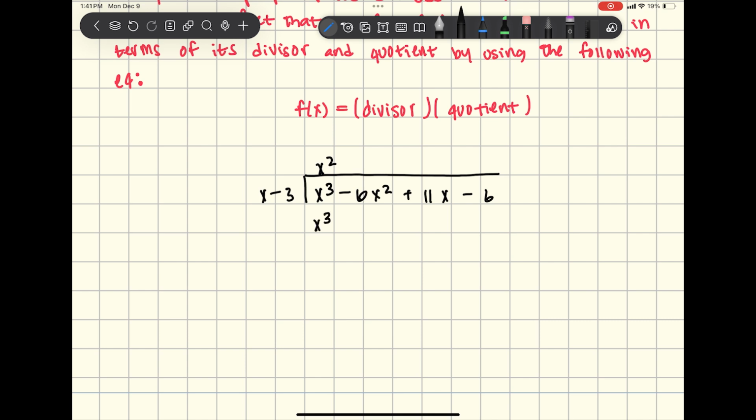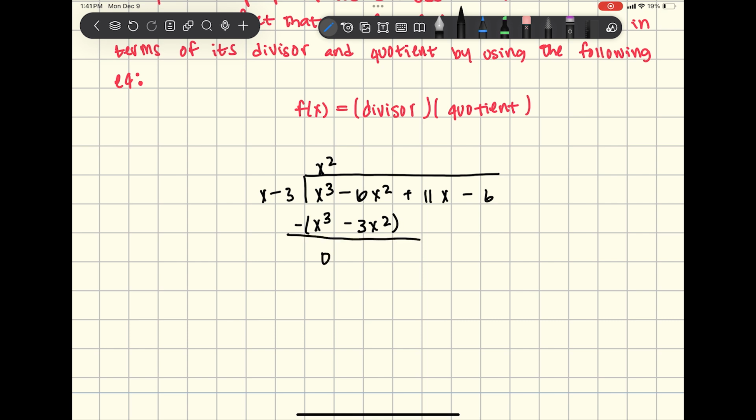And just remember that you have to multiply -3 by this x squared term as well. And when you multiply -3 times x squared, we get -3x squared. We put this expression around parentheses, and we just put a minus on the outside. So when we subtract x cubed with minus x cubed, we get 0.